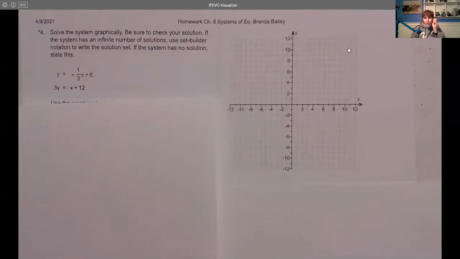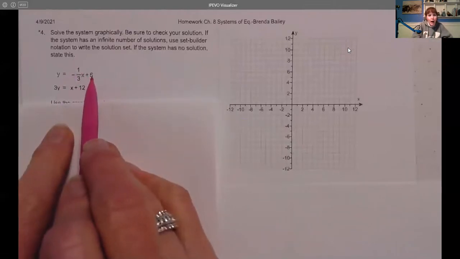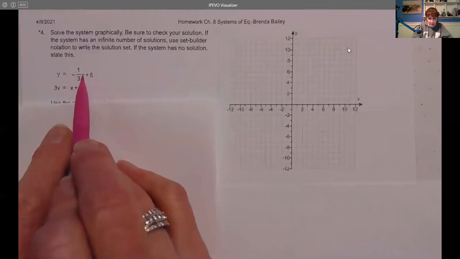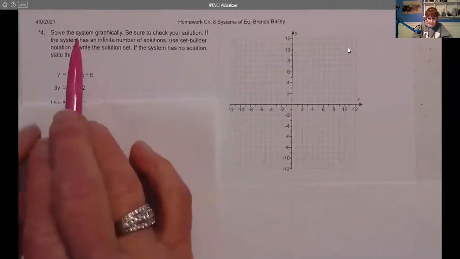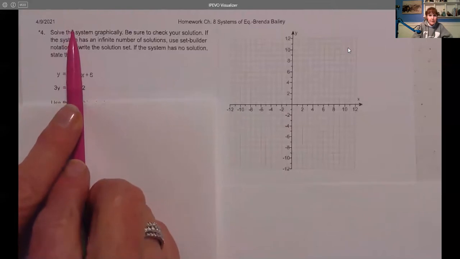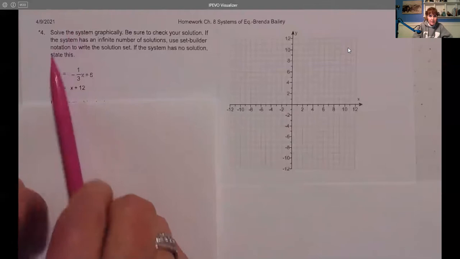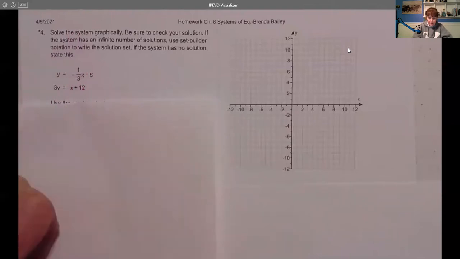We're going to use the point slope method, which means that this is the y-intercept, where it hits the y-axis, because it hits the y-axis when x is 0. So when x is 0, the y-intercept is 6, because when x is 0, that whole term cancels out.